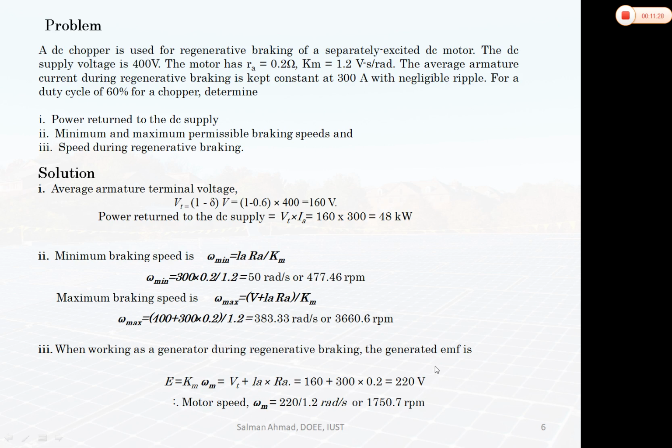Now once we got the back EMF, we can equate this to proportionality constant and speed. So divide this expression with the proportionality constant, that is given to be 1.2 volt second per radian. So speed we are getting 220 upon 1.2, that is 1750.7 rpm. Okay, so likewise you can solve a lot of problems.